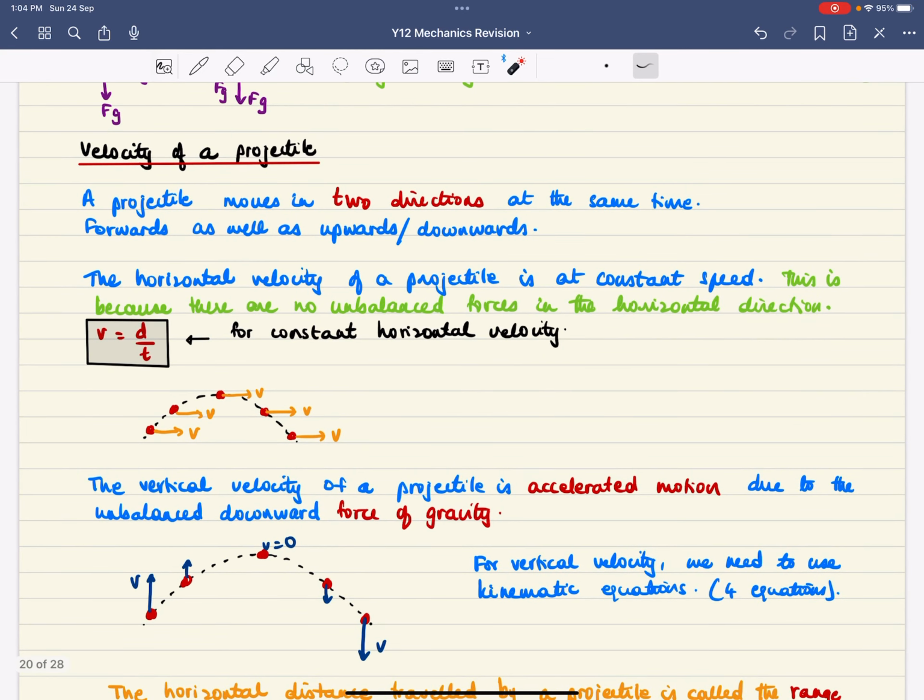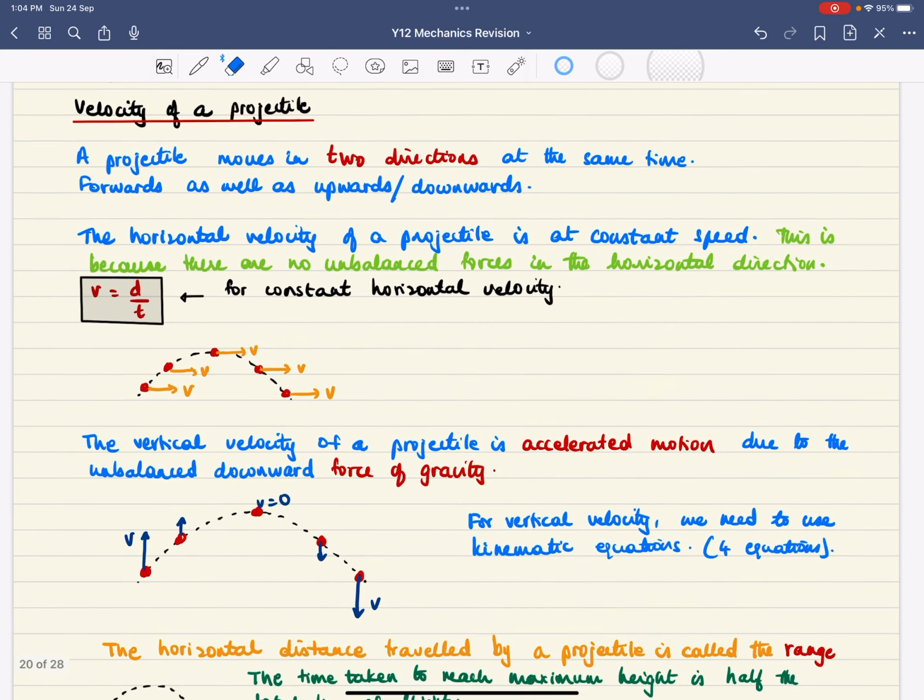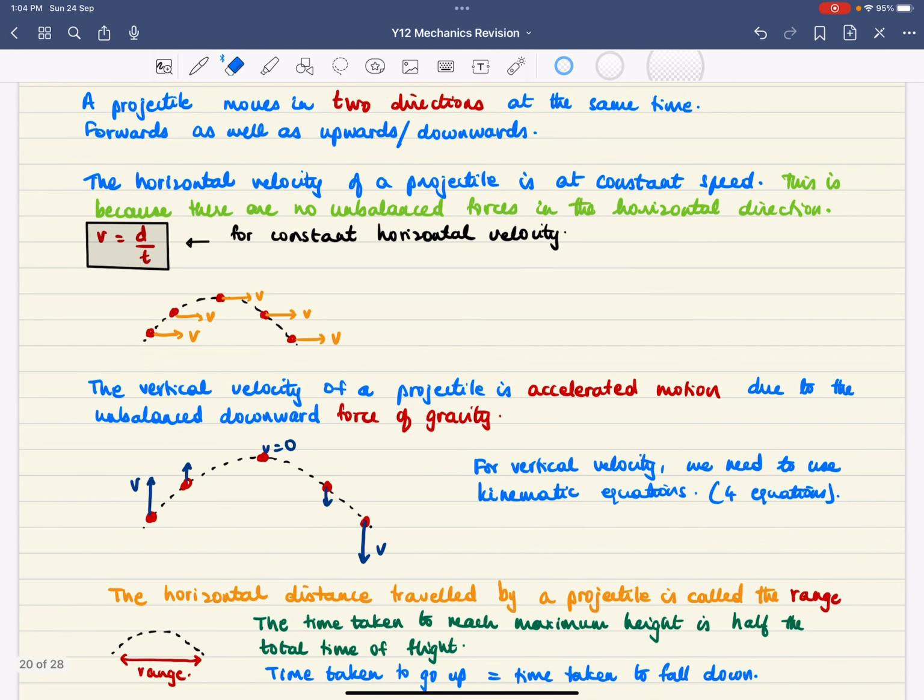However, the vertical velocity of a projectile is accelerated motion due to the unbalanced downward force of gravity. So I've drawn a diagram here that shows you the vertical motion of a projectile.